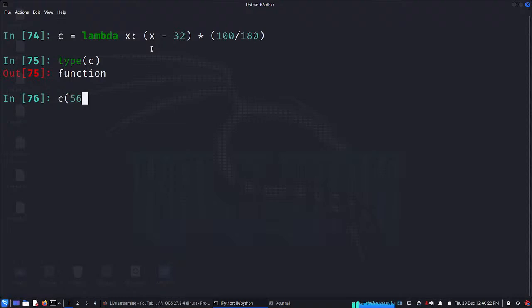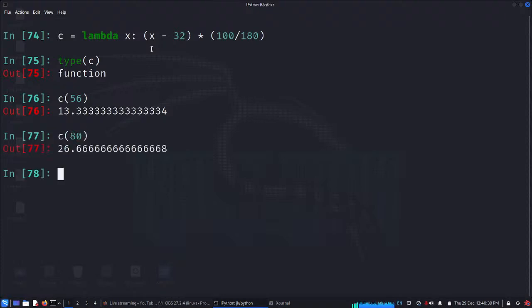I can immediately get, for any Fahrenheit temperature, the corresponding Celsius temperature. So this is the idea.